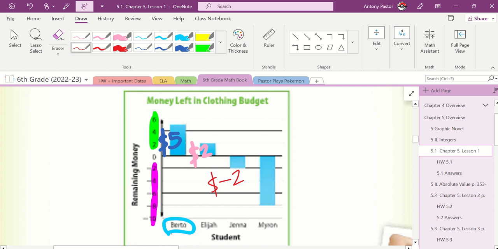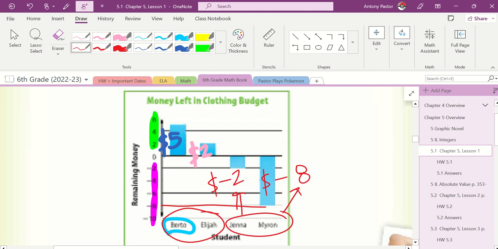And Myron really overspent and is at -$8. So, while Berto and Elijah still have money to spend and did not go over budget, Jenna and Myron are going to be owing their parents $2 and $8 respectively.